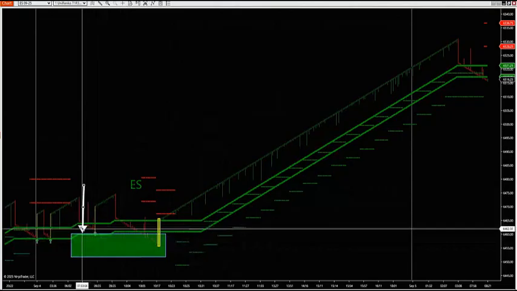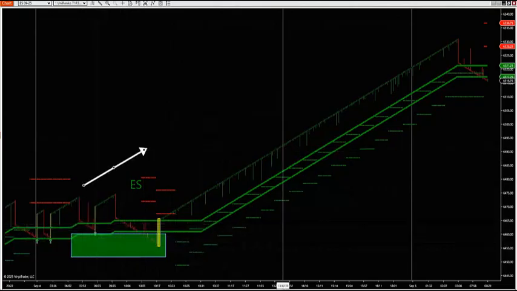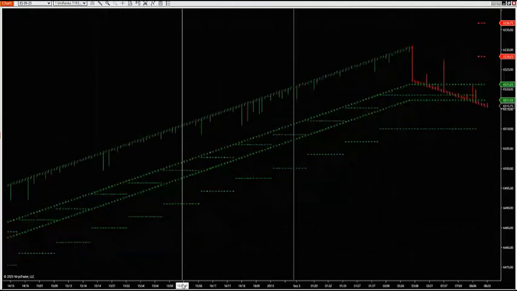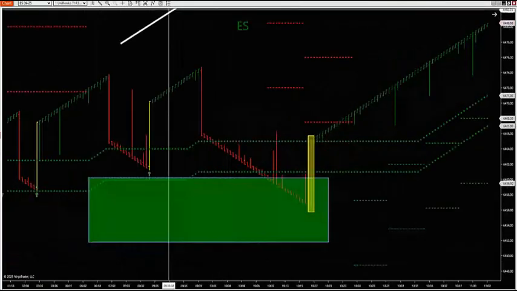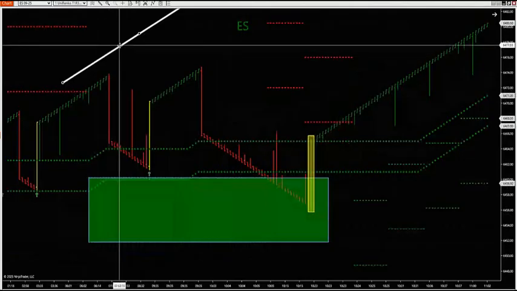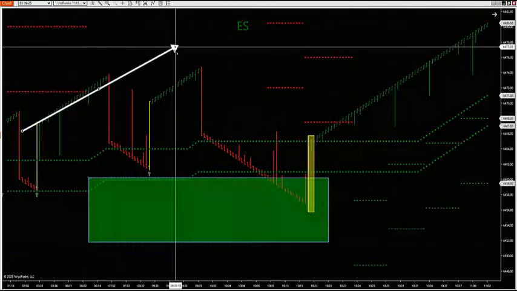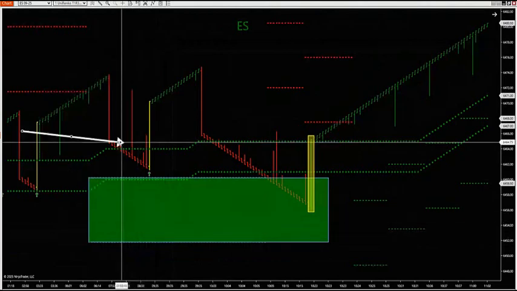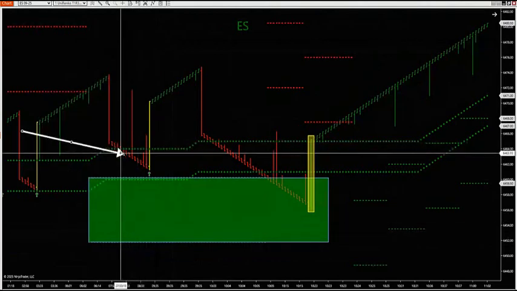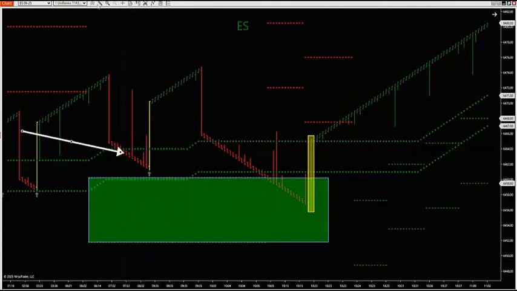So what you want to do, and I'll skinny this down a little bit so you can see it, before the move up yesterday. Yesterday at 8:20, the market was in a move down here.